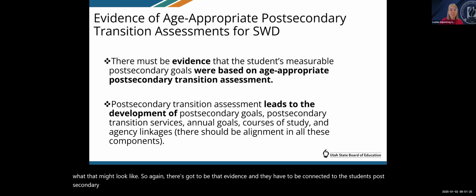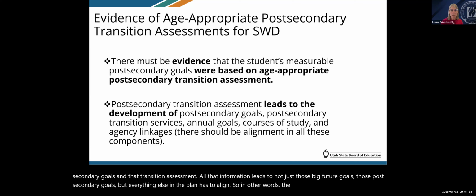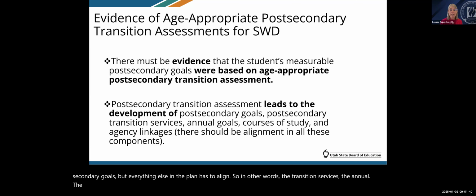And all that transition assessment information leads to not just those big future goals, those post-secondary goals, but everything else in the plan has to align. In other words, the transition services, the annual goals, the students' courses of study, and those linkages to outside agencies.